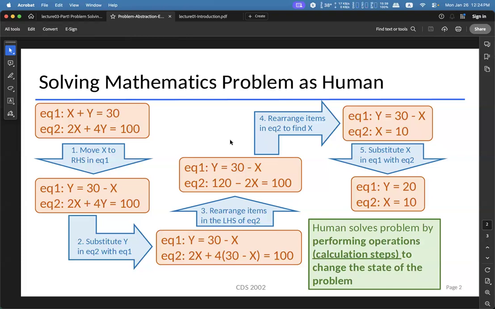But you can just select the best move because you have experience working with these equations. But what if you are a primary school student or a secondary school student who just learned about solving equations like this? You will probably make a lot of mistakes, right?